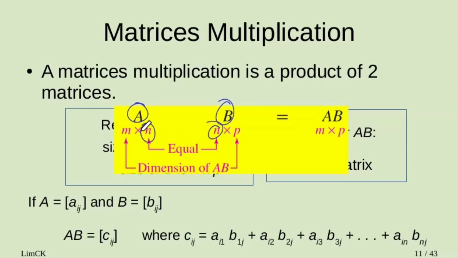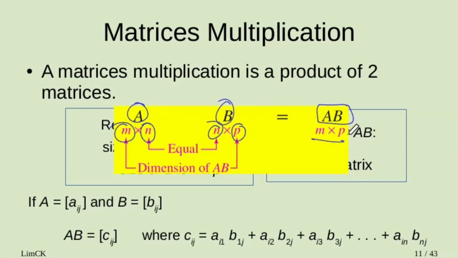The number of columns of the first matrix must always equal the number of rows of the second matrix. Then the result of the multiplication is always a matrix with m rows, the number of rows of the first matrix, and p columns, the number of columns of the second matrix.